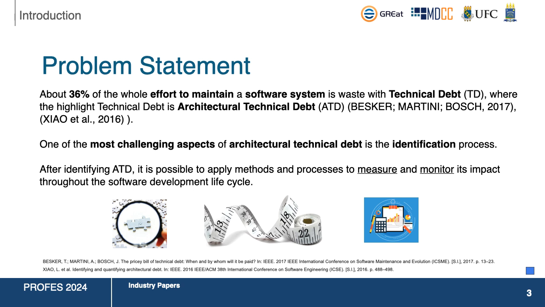As we can see, the most challenging aspect in software processes and complex systems is to identify architectural technical debt. Imagine if you could identify the main files impacted by architectural technical debt, we could use a process to measure and monitor the impact throughout the software development life cycle.